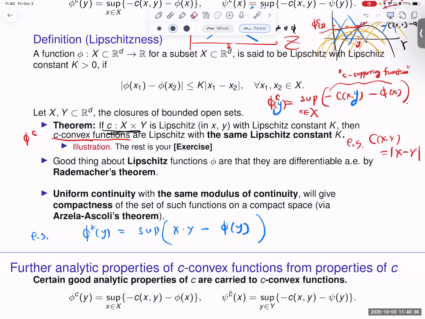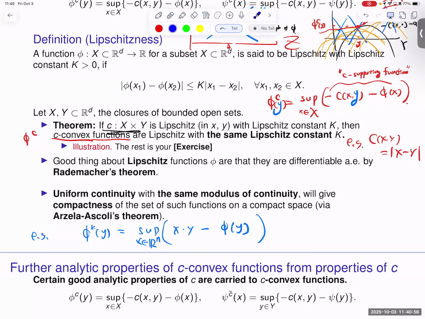If your x is in R^n, then this family as a function of y has slope x, and depending on your x, the slope can be very large. So you may not have a uniformly bounded slope.